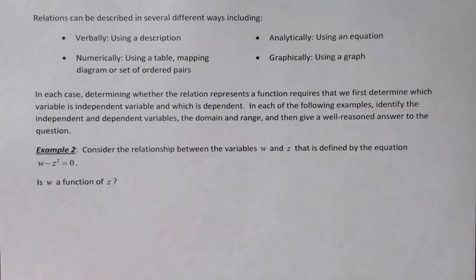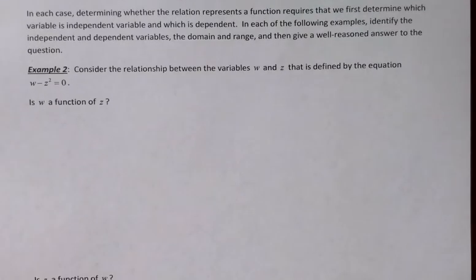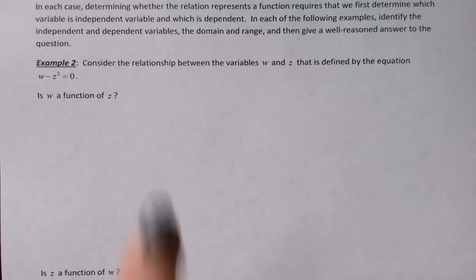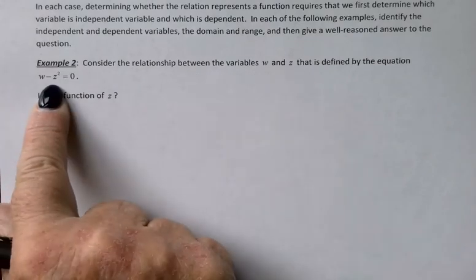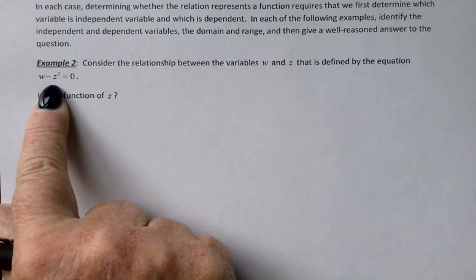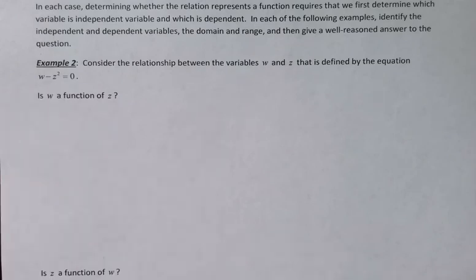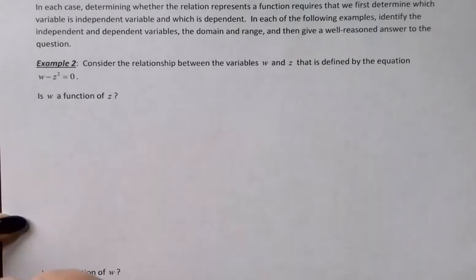So in example 2, consider the relationship between our variables w and z, defined by this equation: w minus z squared equals 0. Is w a function of z? Again, remember our vocabulary and our phrasing.